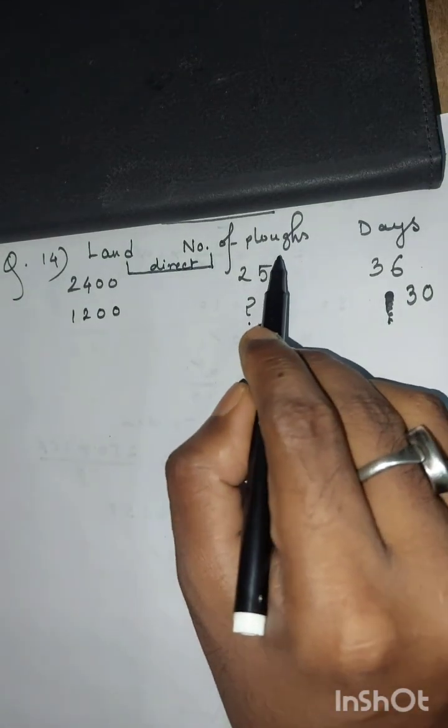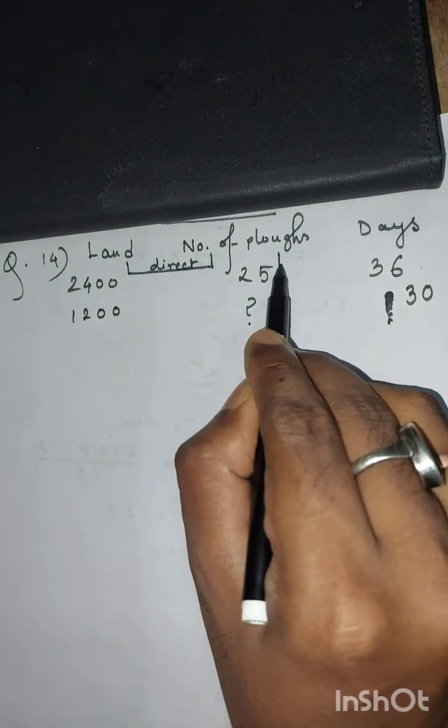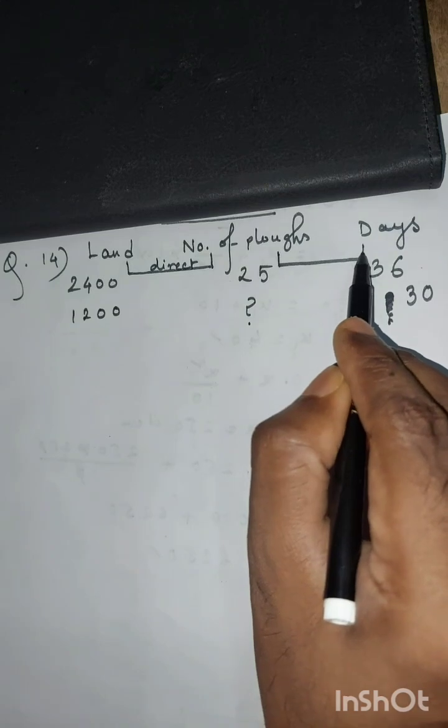Now let us find the relation between number of plows and days.